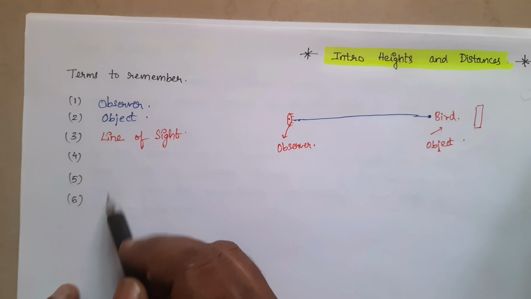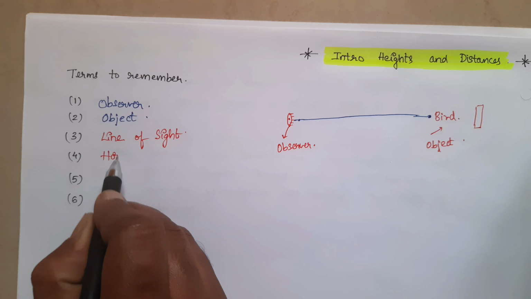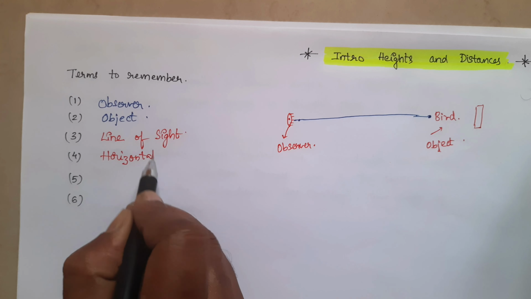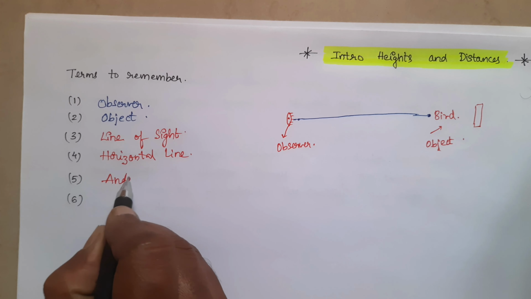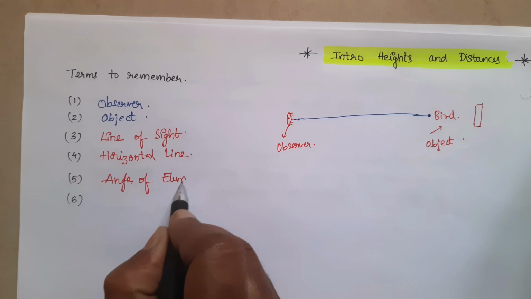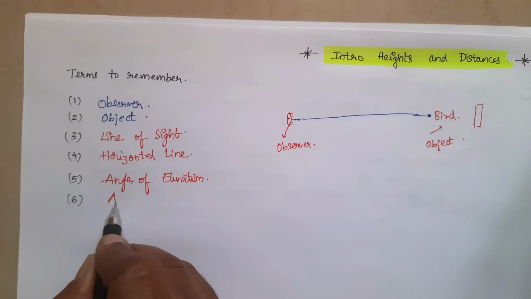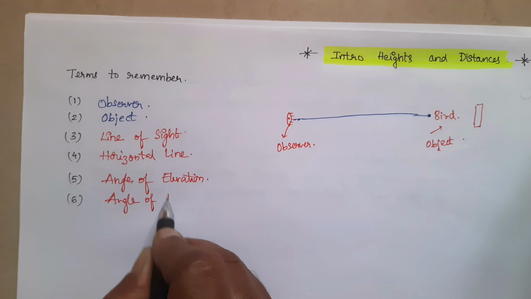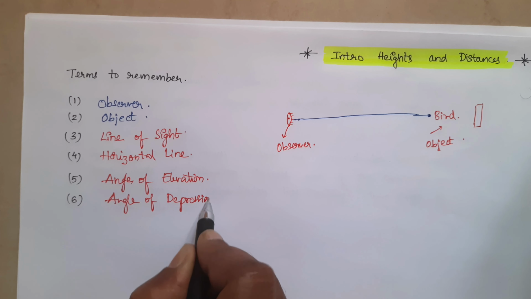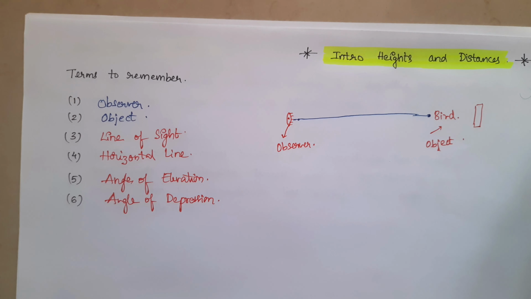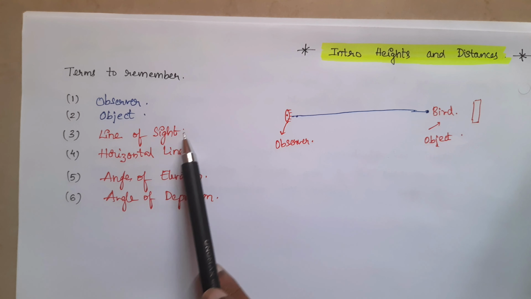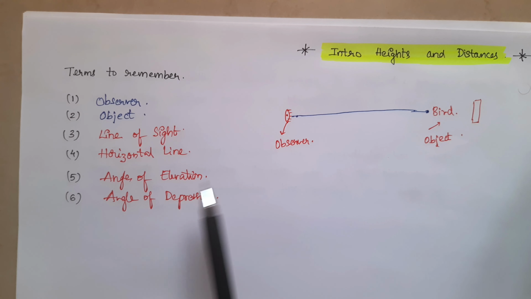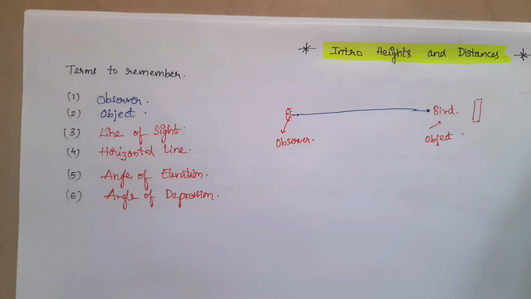The remaining terms you need to remember are the horizontal line, the angle of elevation, and the angle of depression. You need to remember all these words while solving heights and distances problems, because they will be given in terms of the line of sight, horizontal line, angle of elevation of some degrees, angle of depression, like that.